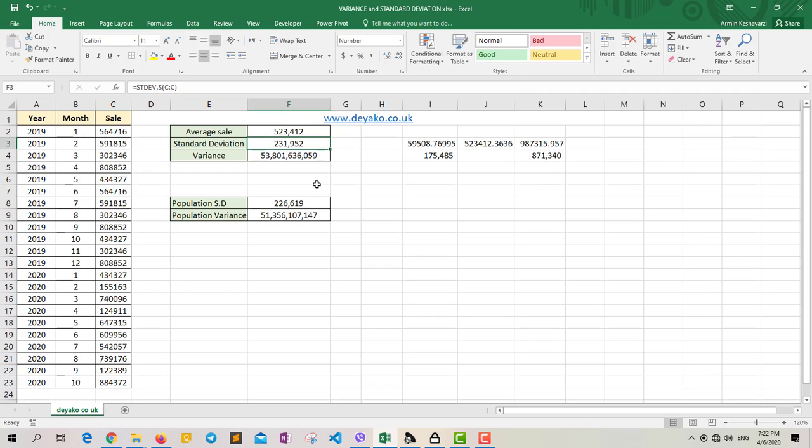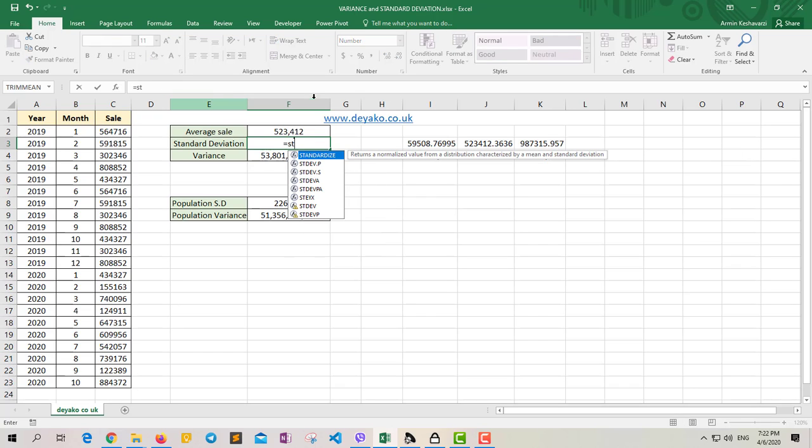The standard deviation in Microsoft Excel will be calculated by using STDEV.P or STDEV.S. What is the difference between S and P? When you have a data set which can be unlimited, or it can be a large data set, and you just have some samples from that data set, you will use STDEV.S.